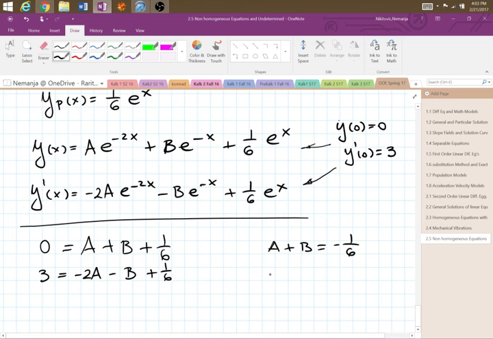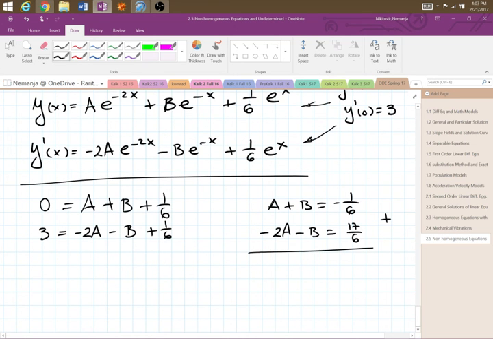So that's going to be negative 2a minus b is equal to 17 over 6. I'm going to add these two equations immediately because that kills b. I have negative a is equal to 16 over 6, which is 8/3.